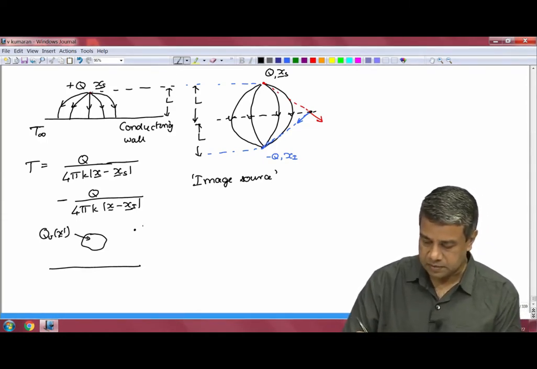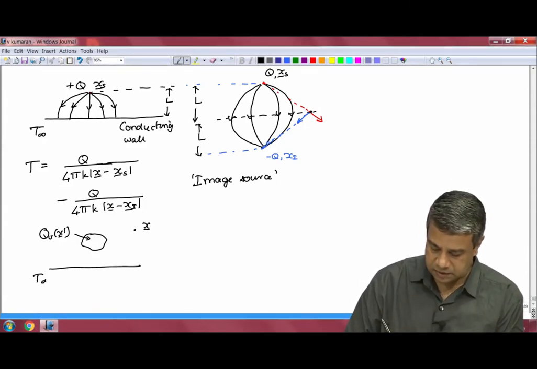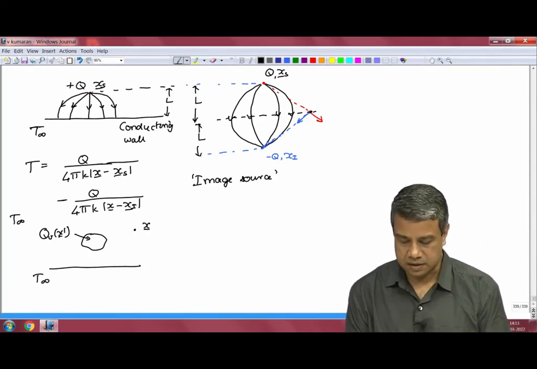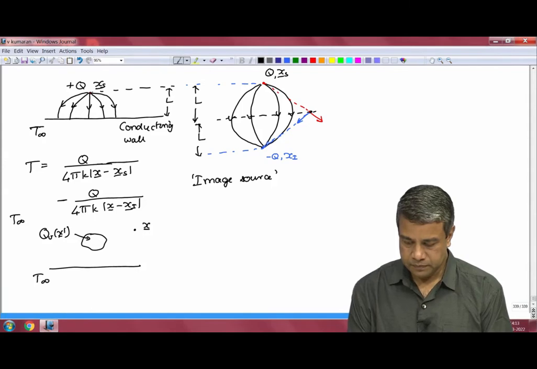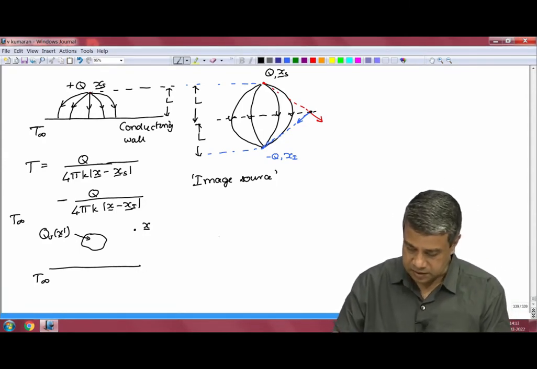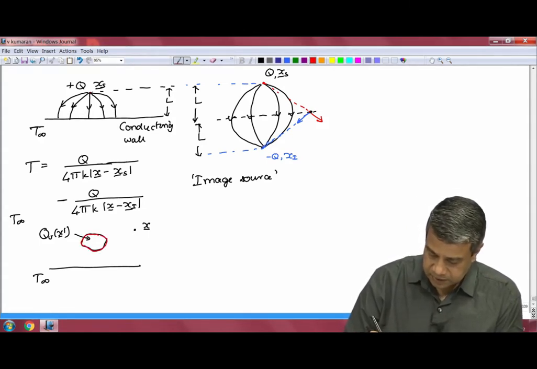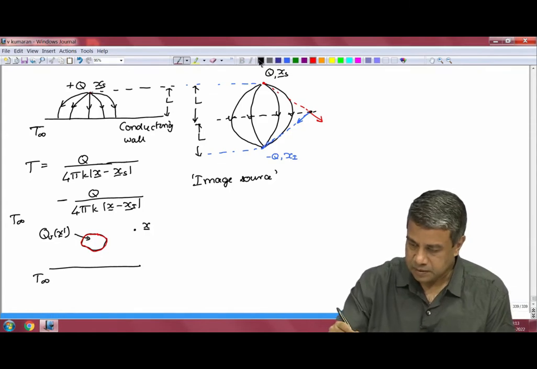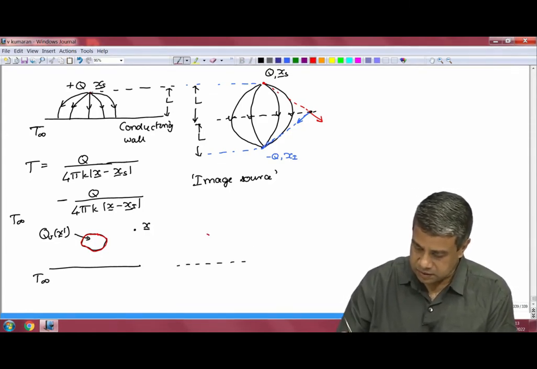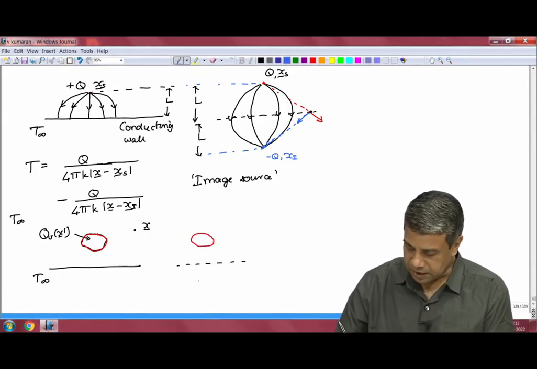And I wanted the temperature at some location x, and the condition is that T is equal to T infinity at the surface and T infinity far from the source, the distributed source q_V. You can easily see that you can satisfy the constant temperature boundary condition by removing the surface, and in addition to the source at this location, I can add a negative of the source.